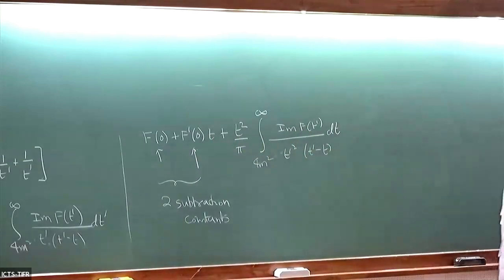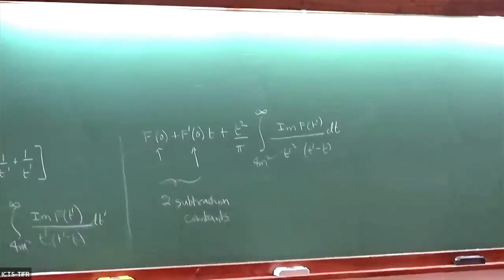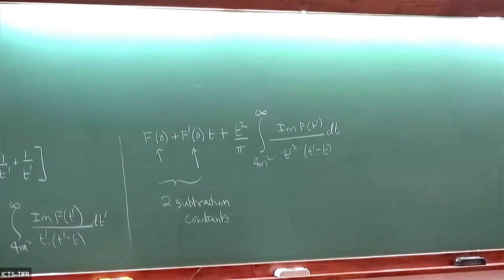So what do you think is going to tell you whether you can stop at one subtraction constant or two or three and so on? Let me ask you a question. What is going to give you a hint when you can stop and say, look, this Cauchy integral will converge and I can stop here? There has to be something which tells you that asymptotically things cannot grow faster than something, okay?